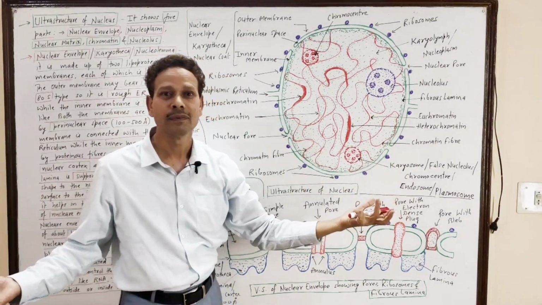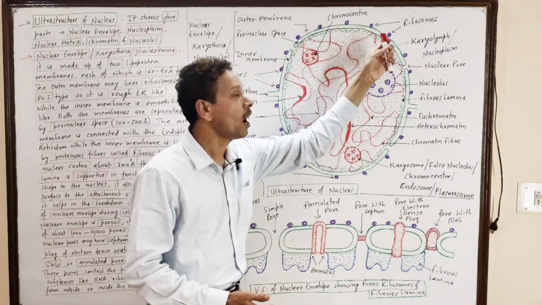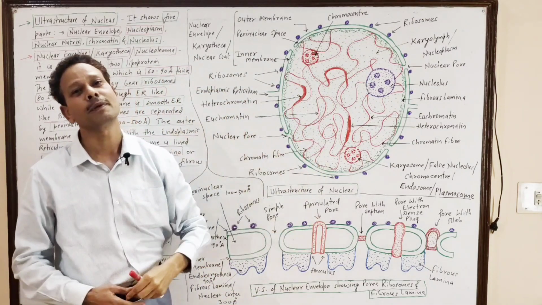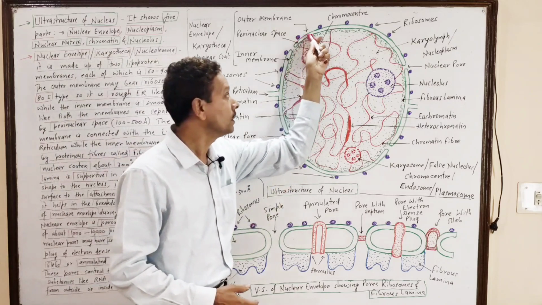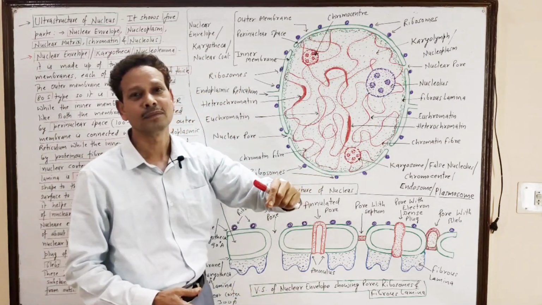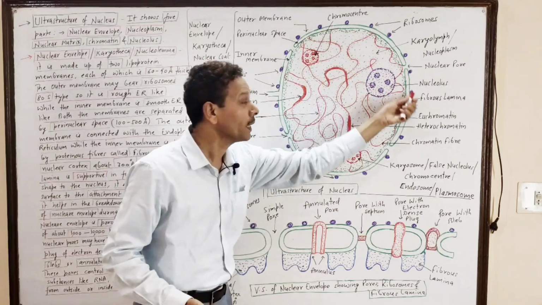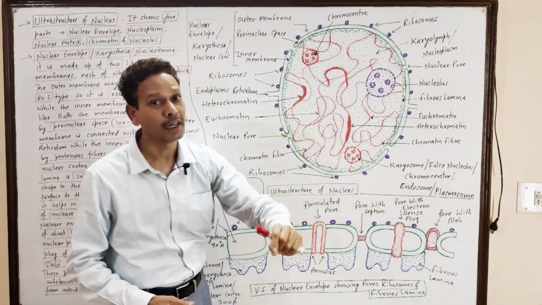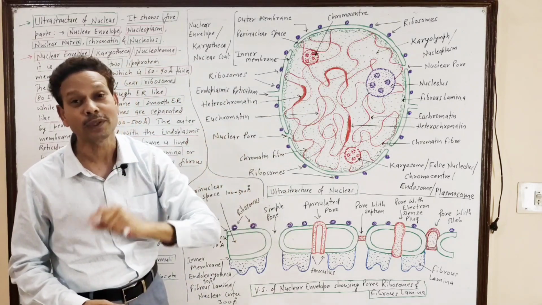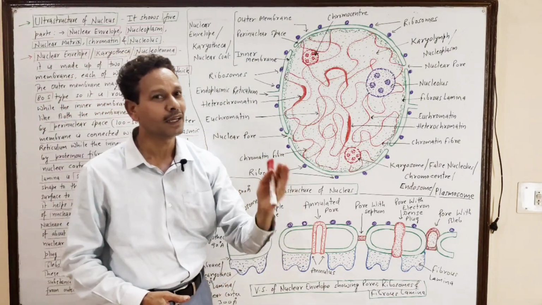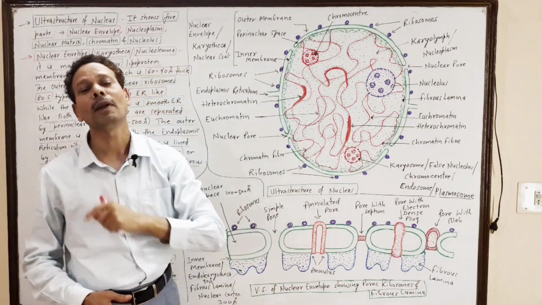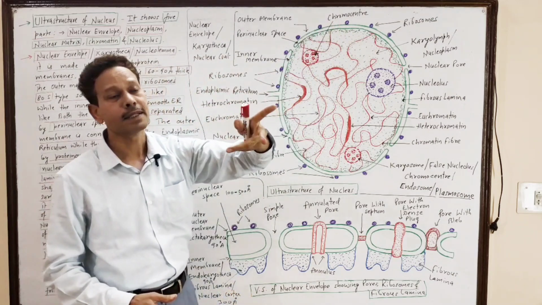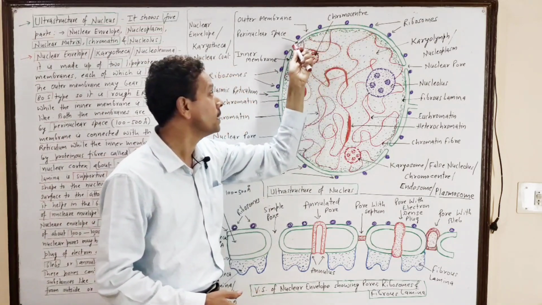So it is rough. It means this outer nuclear membrane resembles rough endoplasmic reticulum. But this inner membrane is smooth without any ribosomes. So this inner nuclear membrane, or endokaryotheca, resembles smooth endoplasmic reticulum. Both outer and inner membranes are separated by a space.